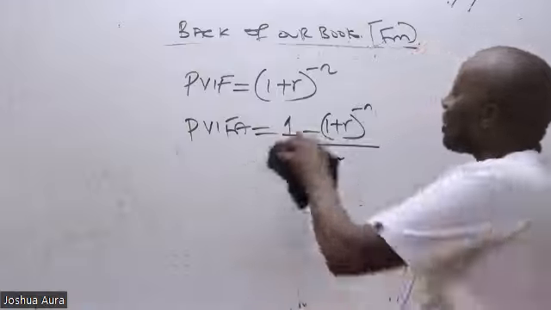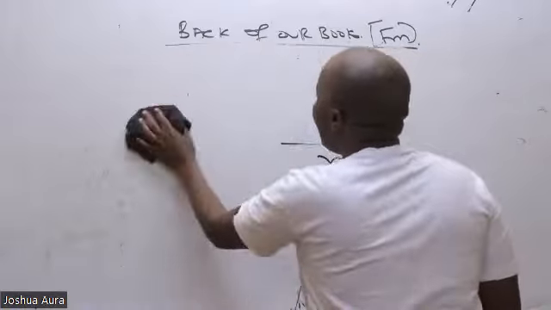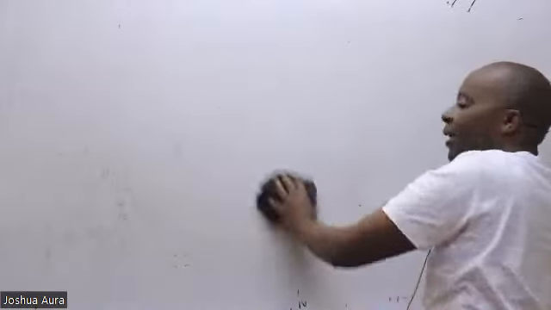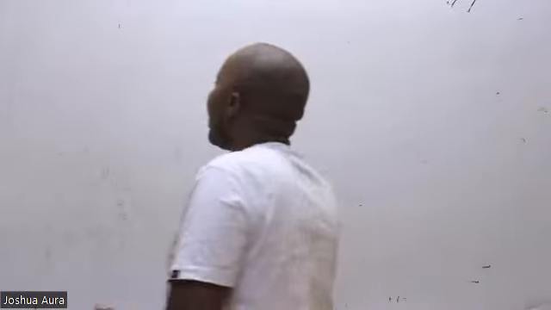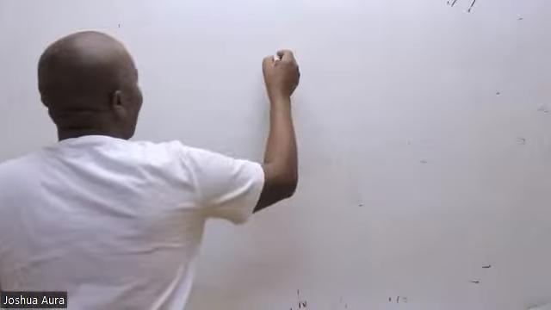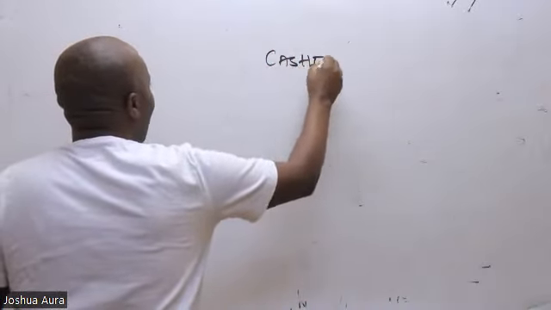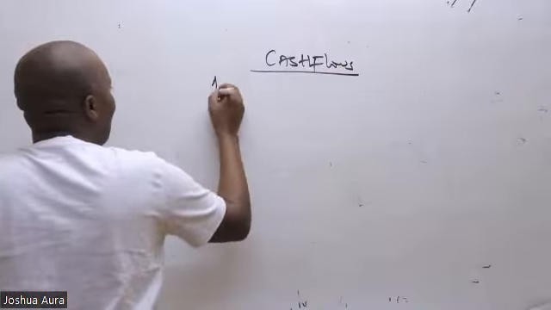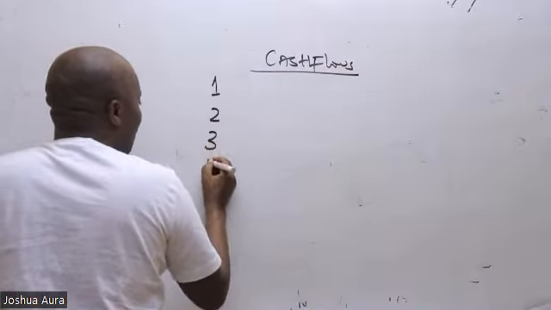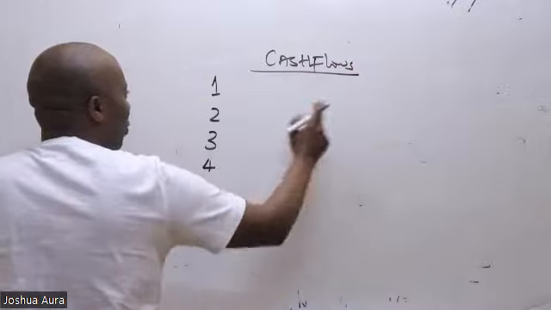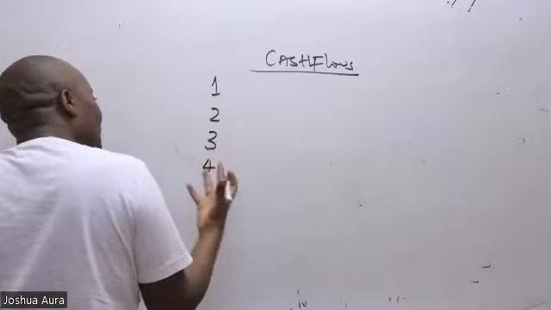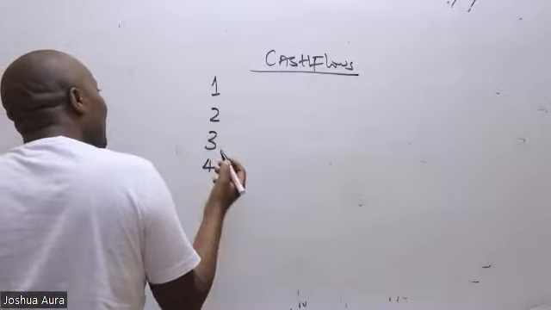So in our exams, this is what will happen. If you get a lazy examiner, a good examiner can't give you cash flows directly. If you get a bad examiner like myself here, I can never give you cash flows directly. I'll give you sales, variable cost, fixed, and then ask you to get cash flows yourselves. But a lazy examiner will give you cash flows.